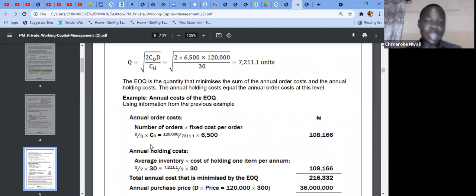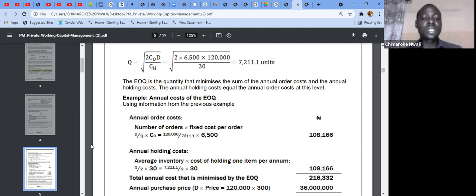If you multiply that by 6,500 per order, you're going to get 108,666 naira for your ordering costs. Now looking at holding costs.